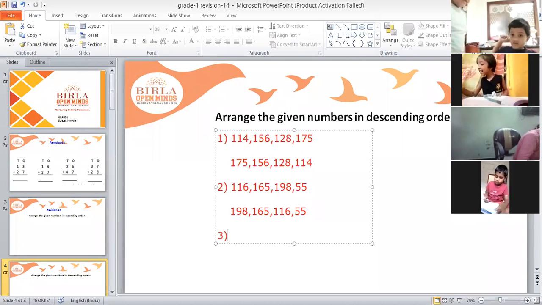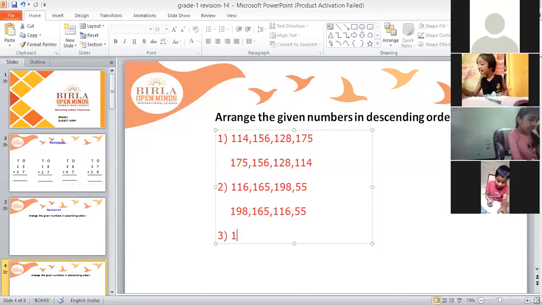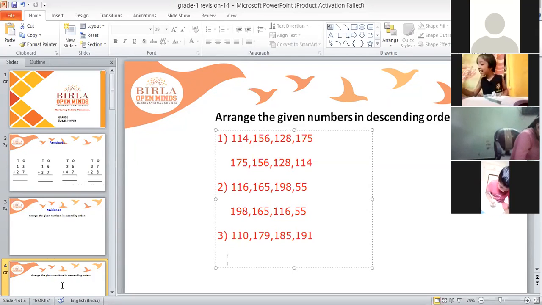Now your third bit. Yes, note down the third bit. Ketan, note down the third bit.